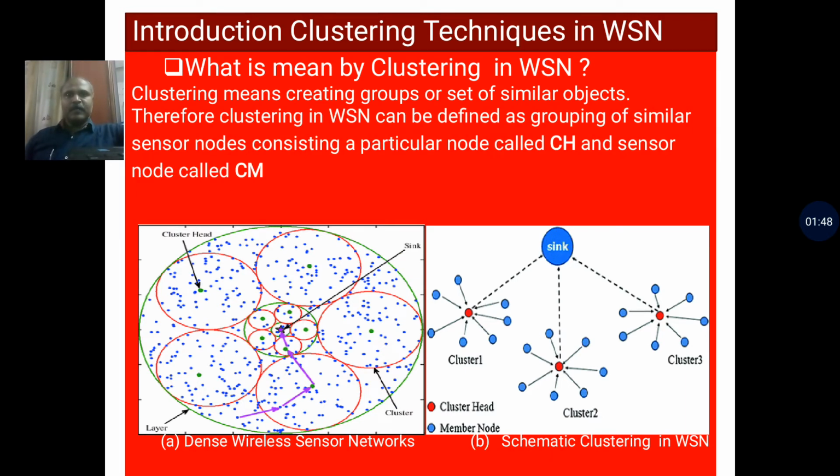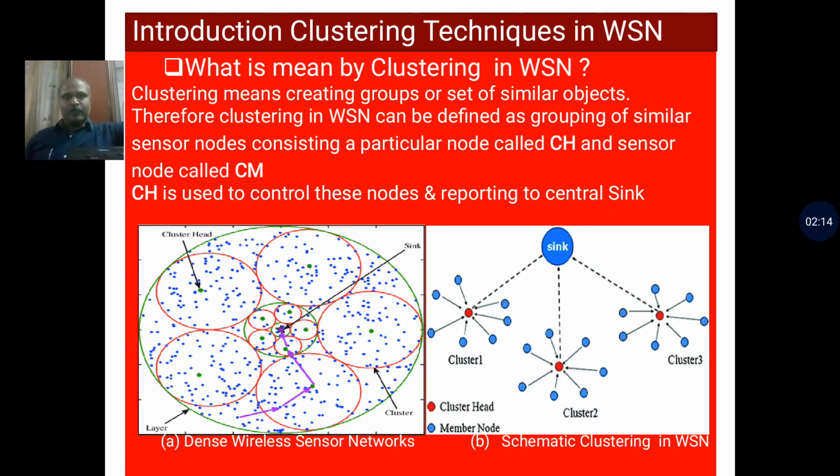Therefore, clustering in WSN can be defined as grouping of similar sensor nodes consisting of a particular node called the cluster head, CH, and sensor nodes called cluster members. Here the cluster member is also known as the primary node, whereas the cluster head is considered the secondary node.